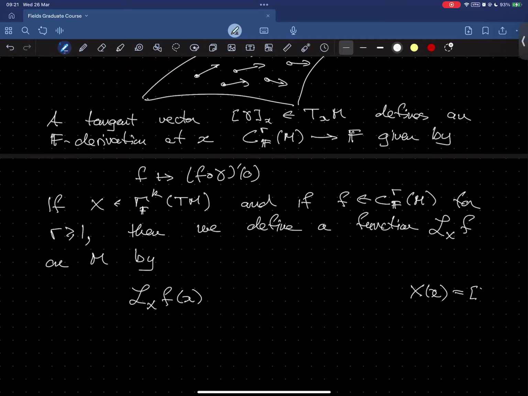And so this is going to be a derivation, or sorry, an equivalence class of curves like this. And so I'm going to write this as just the corresponding derivation at x naught. Okay, so (f composed with gamma)' at 0.